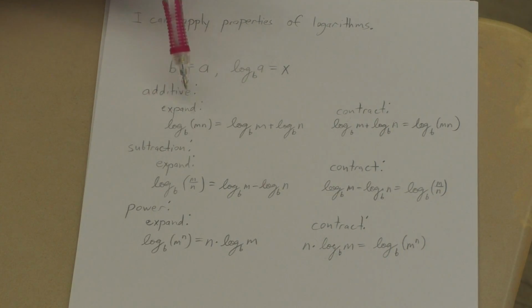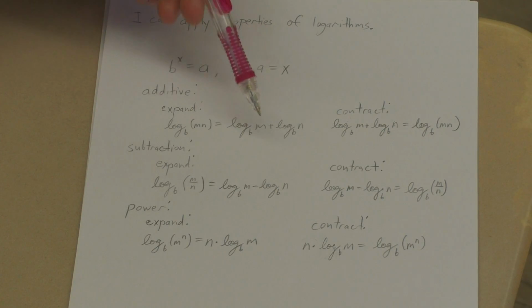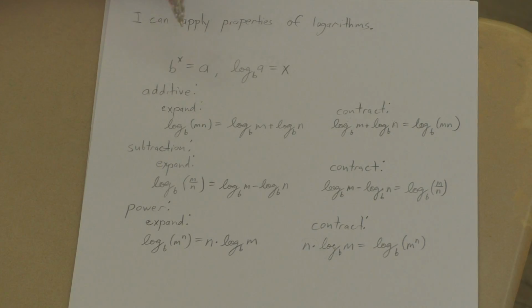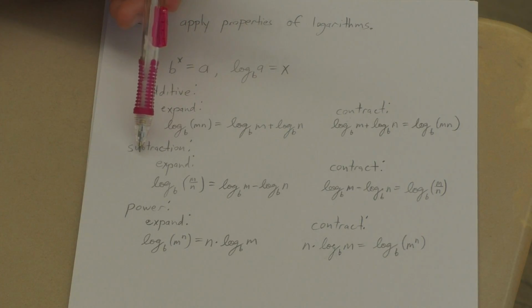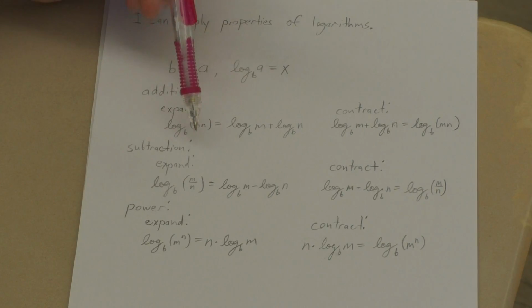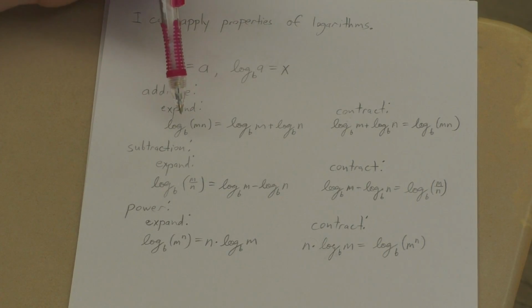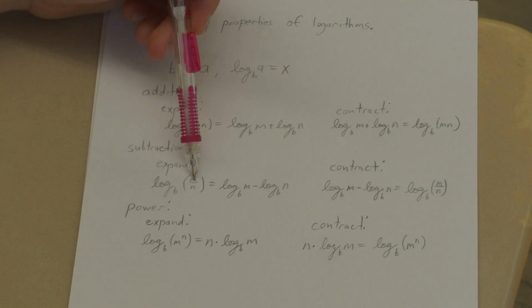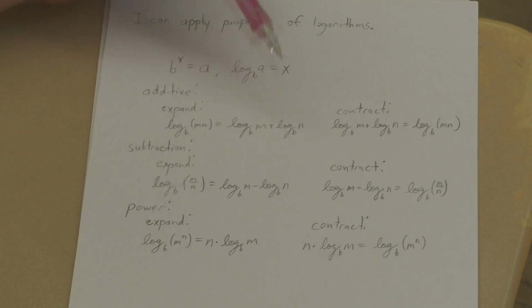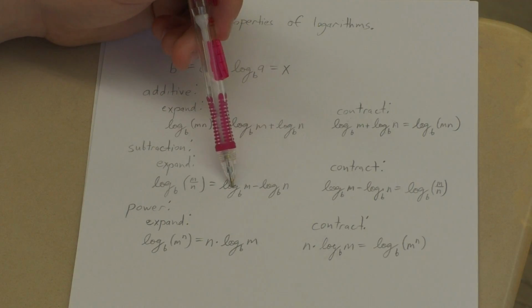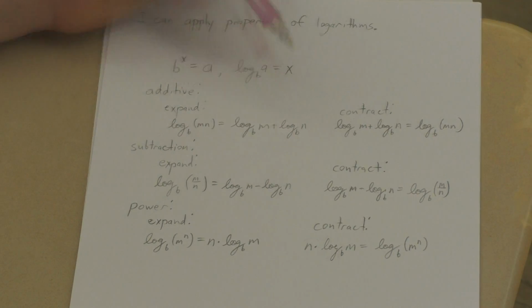This really comes from the idea that when you multiply exponentials together, you add their exponents. Similarly, when you divide exponentials, you subtract their exponents. So here, if you have two numbers divided by each other within a log of base b, you can separate it into two logs that are subtracted.